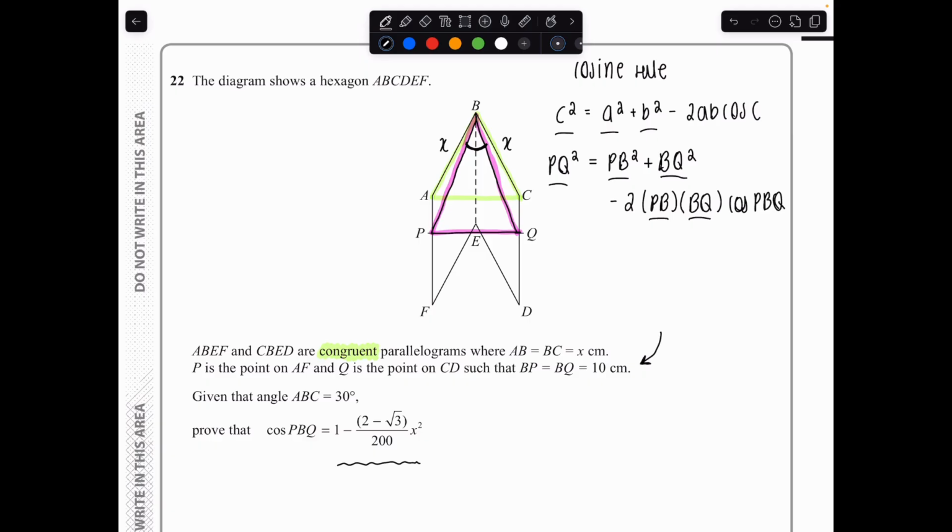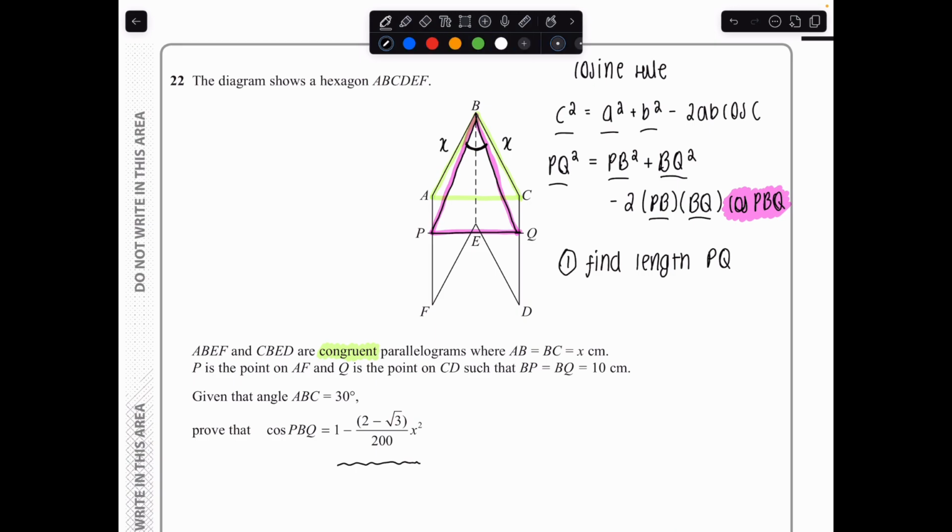So the only thing that is stopping us from finding an expression of cos of PBQ is the fact that we don't know what the length of PQ is. So in other words, the main step that we need to realize to answer this question is we need to find the length PQ.